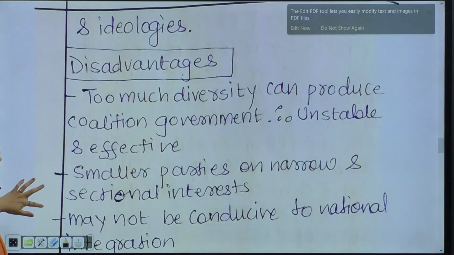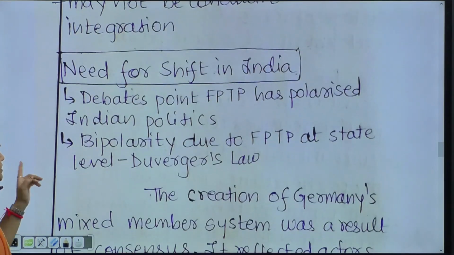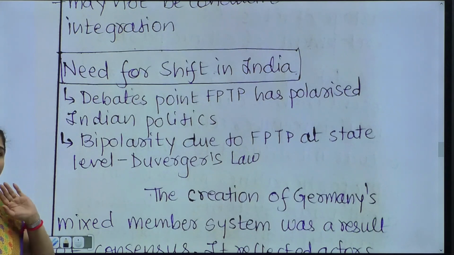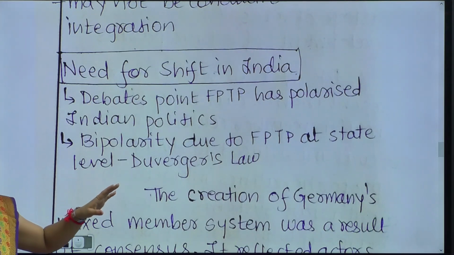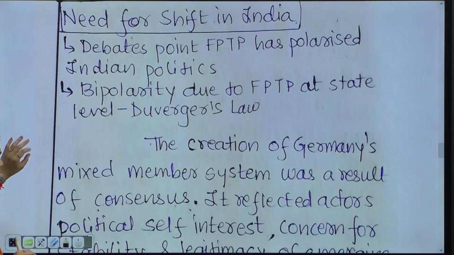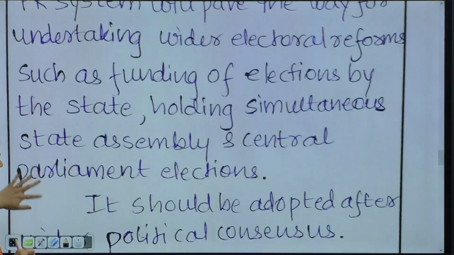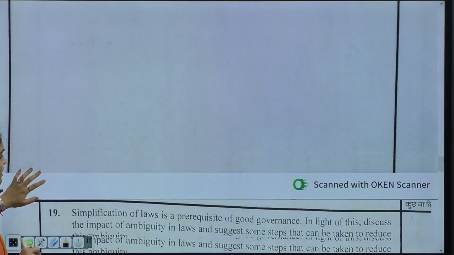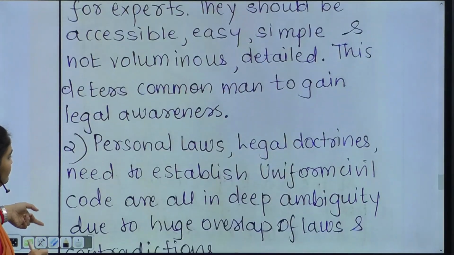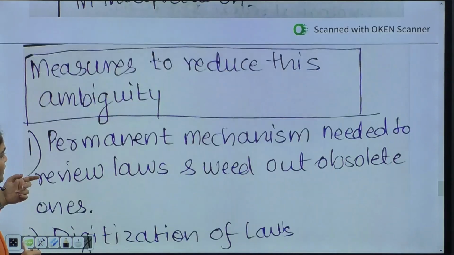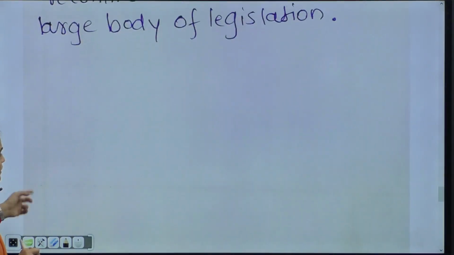What are its advantages and what are its disadvantages? Now whether the need for a shift in India is there or not. So structurally all components of the question have been addressed. And then I have given a way forward with the Germany model. Okay. So yes, eventually wide political consensus has to be there for the same.